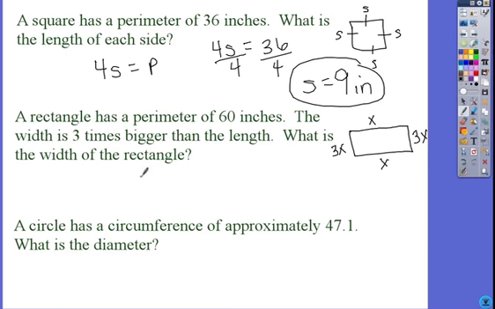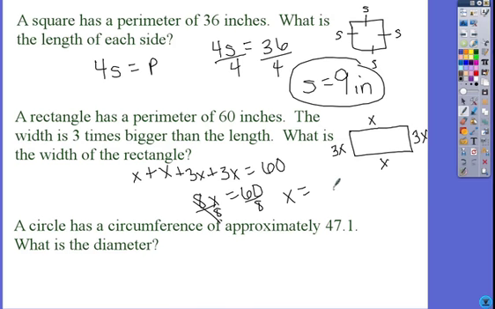So I'm going to write my number sentence, x plus x plus 3x plus 3x, and that's going to give me 60. So then I combine like terms. 8x is 60. So then I divide both sides by 8, and I end up with x being 7.5.